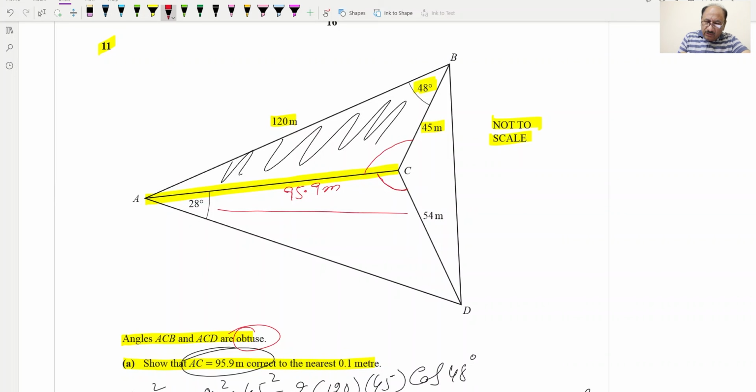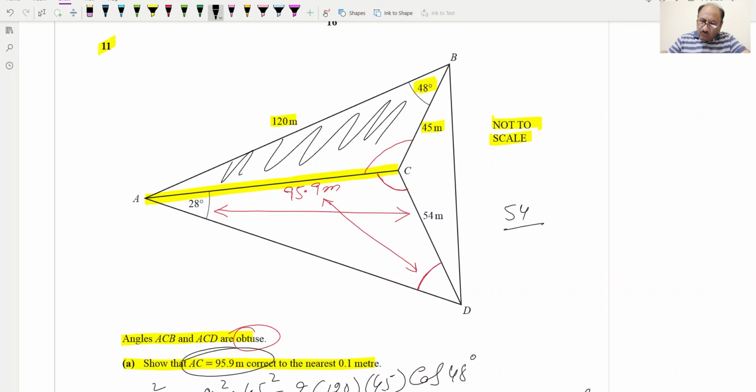We have these two sides, this side and angle, and we can find first this angle, and we can use this side and this angle. Hopefully you are understanding. We will apply sine rule, and sine of 54 over sine of 28. So I will write here, then I will shift.